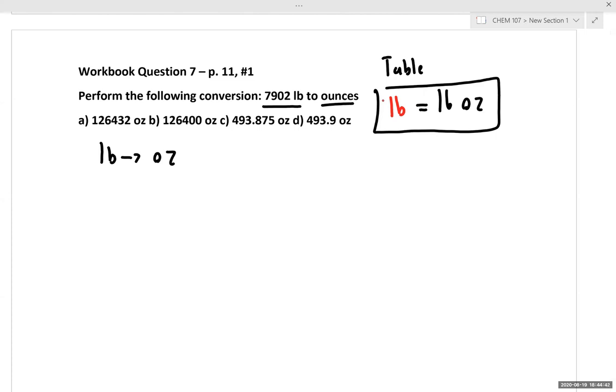So given that conversion factor, I'd like you to convert from pounds to ounces. We're already seeing some reasonable responses in the chat.